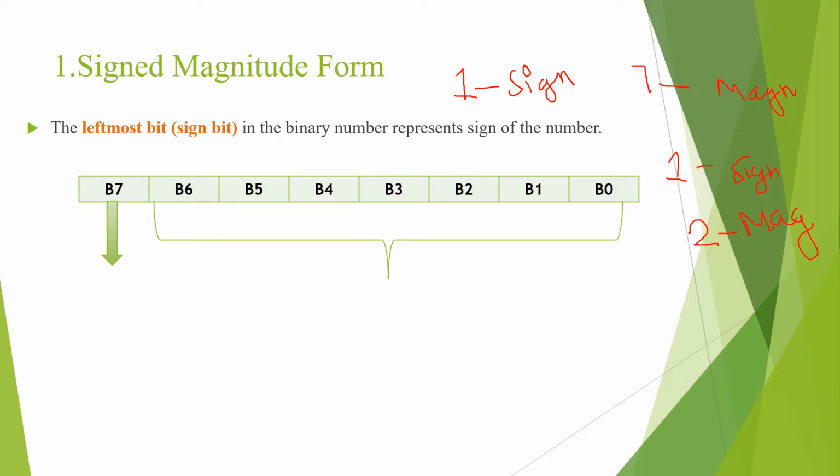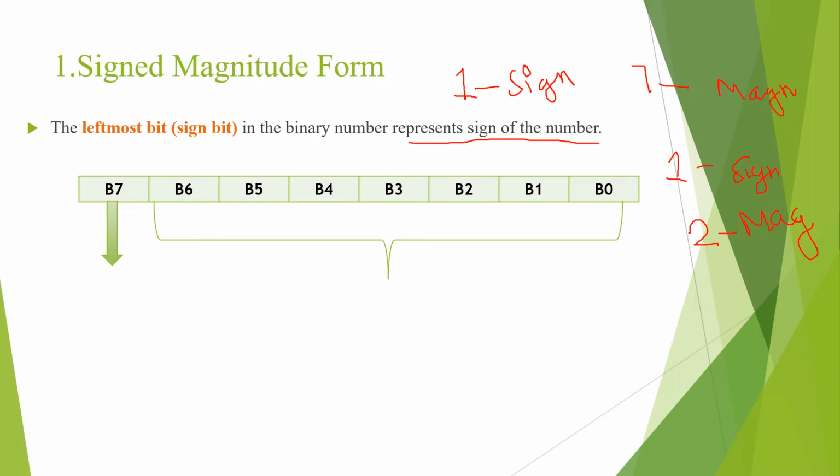Which bit represents the sign bit? Always the sign bit will be the leftmost bit, that is the MSB, which in a binary number always represents the sign of the number.